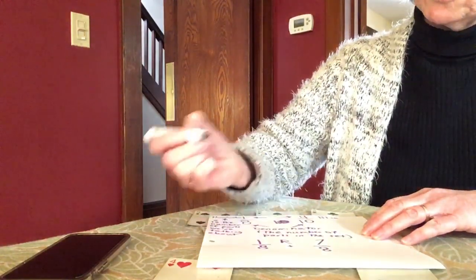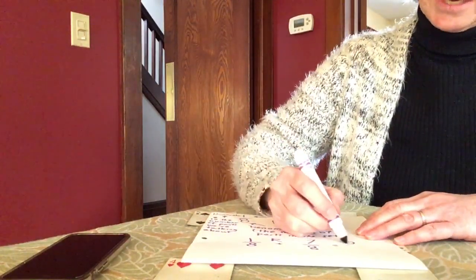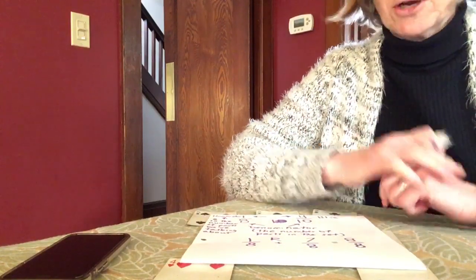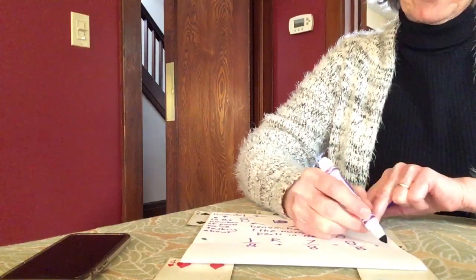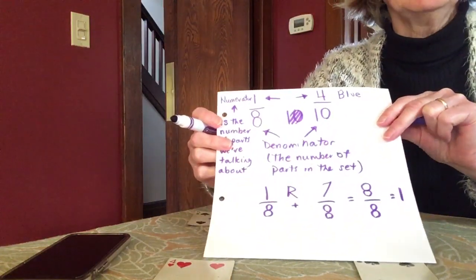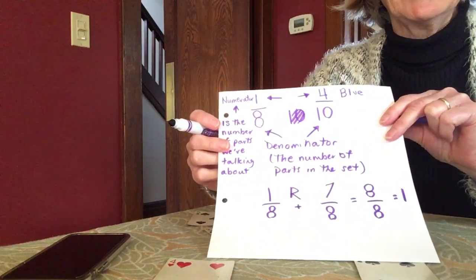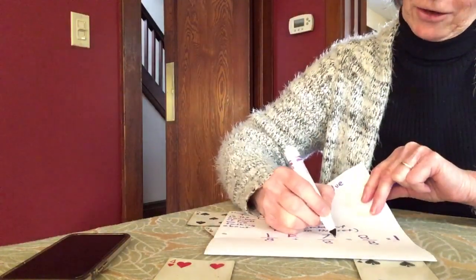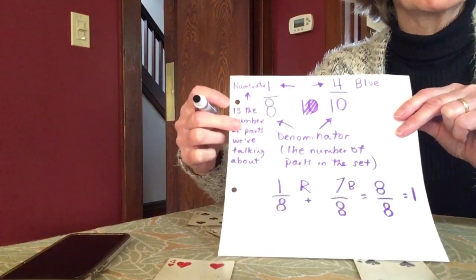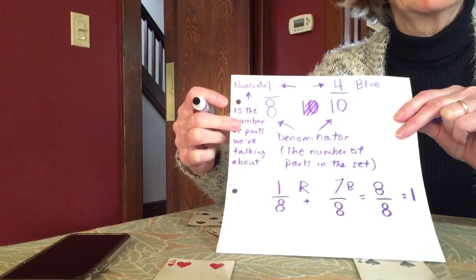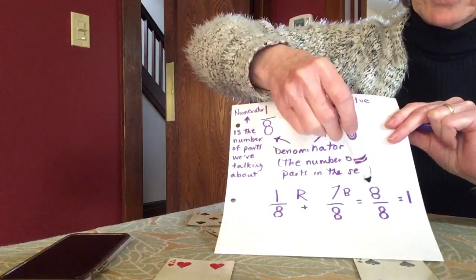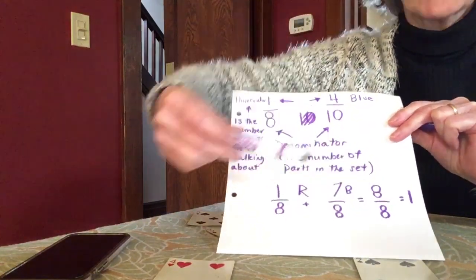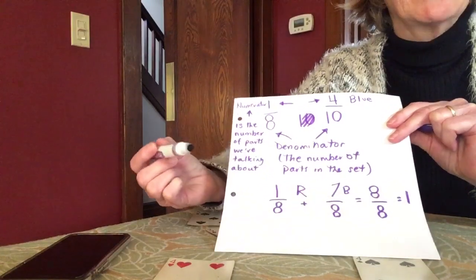So when I put those two parts together, I get 8 cards out of all the 8 cards I'm talking about. And that means I've got one whole set. Okay? The one red card and the 7 black cards give me the whole set of cards, 8/8. But every time you have a numerator that's the same as the denominator, it means I'm talking about all of the parts that my group is made up of.